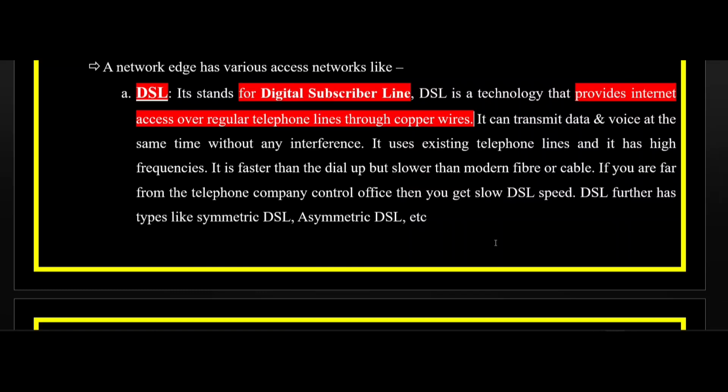It uses existing telephone lines and it has high frequencies. It is faster than dial up but slower than modern fiber or cables. If you are far from the telephone company control office, then you get slow DSL speed. DSL further has types like symmetric DSL, asymmetric DSL, etc.